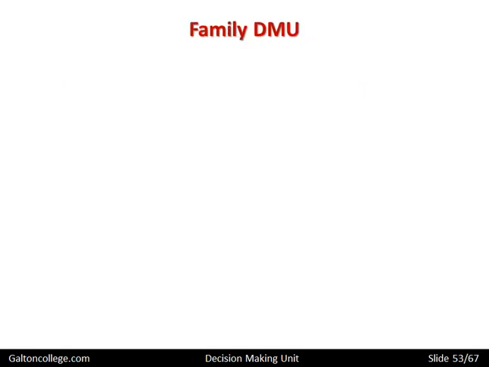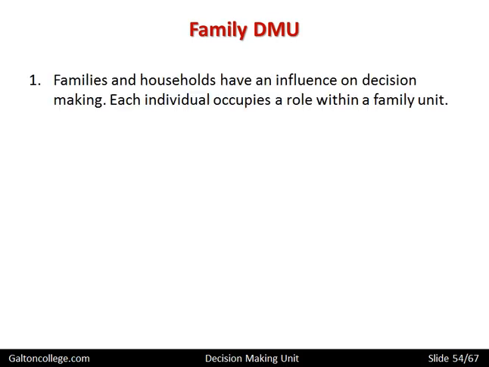Now let's look at the family decision-making unit. We've talked mostly about businesses up to now, but there is a family decision-making unit. Families and households have an influence on decision-making. Each individual occupies a role within a family unit. So within families, the families may make decisions.